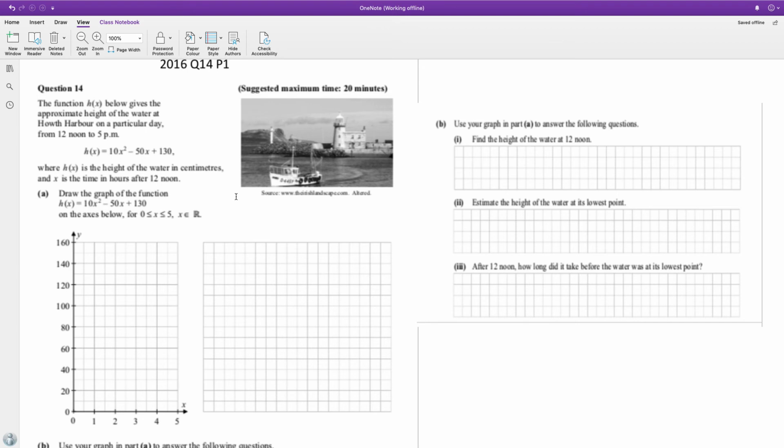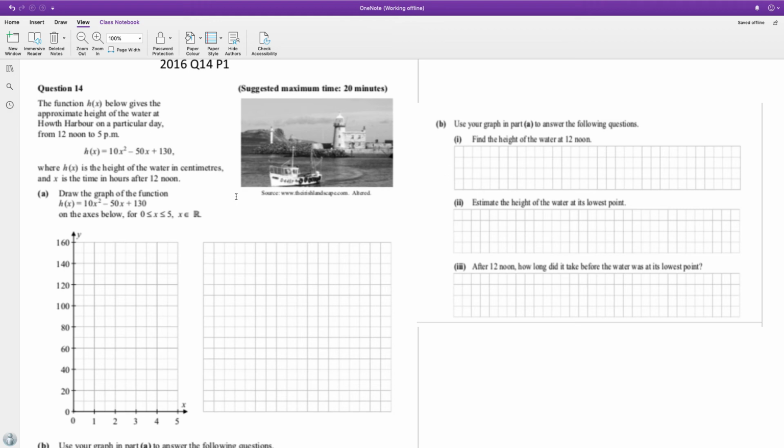Do you guys know what you're going to do? We're going to do our input and our function and our output. What are our inputs going to be? Here: 0, 1, 2, 3, 4, 5. That's there: 0, 1, 2, 3, 4, 5.